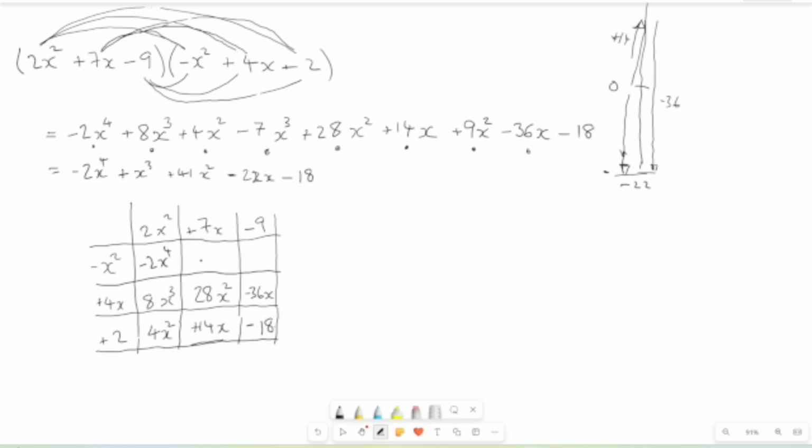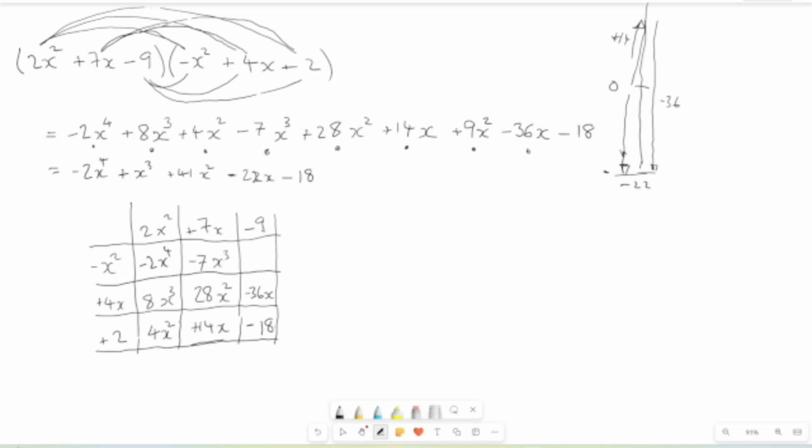And just finishing off these, this cell, plus 7 at the top times minus at the bottom gives me minus 7. This is really minus 1 lot of x squared, so it's plus 7 times minus 1 is minus 7. And then we've got an x at the top, x squared here, x cubed.